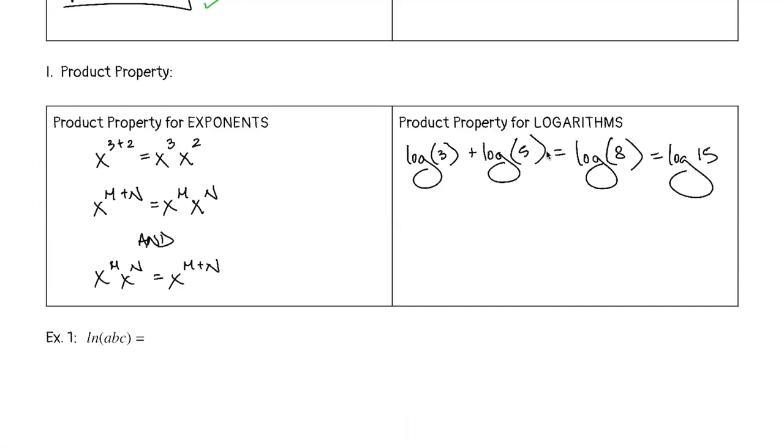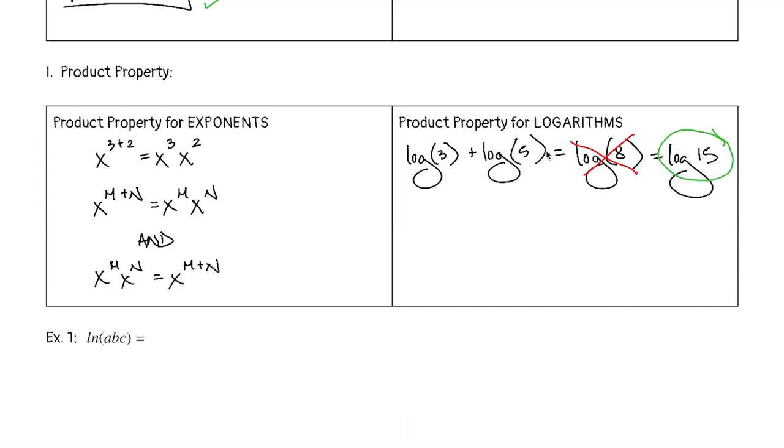All right, so when we type those in, I think we can see that log 3 plus log 5 does not equal log 8, so a very excellent guess, but it does in fact equal log 15, okay?